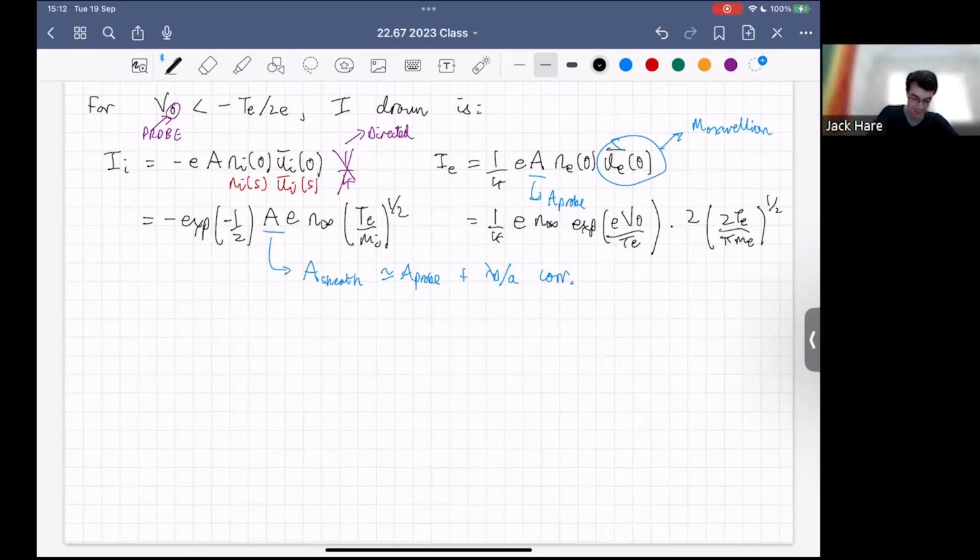And then we can put this together. We can say that the total current that our probe is now drawing is equal to the ion current plus the electron current. And this is Hutchinson's equation. Gosh, I didn't update my notes, so I don't have it, but where's Hutchinson when you need him?